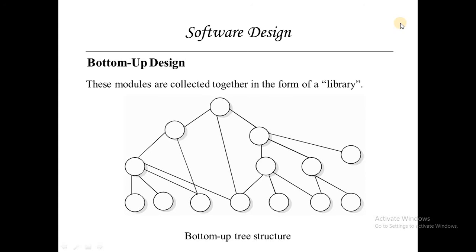In level 1, 7 modules become 3 modules, then it becomes 2, and at the top level it becomes 1. So this is the bottom up approach. All object oriented languages use this approach, bottom up design.